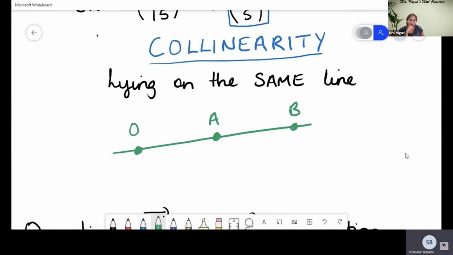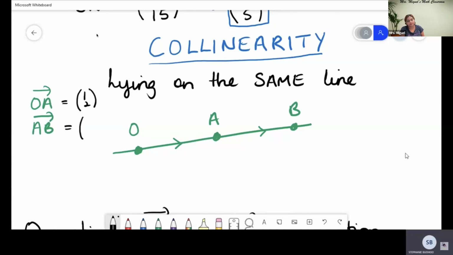For example, on this line, if I were to place arrows here and here, that would mean we have the vector OA, as well as we also have the vector AB. Now, let's just say that the vector OA was equal to 1, 2.